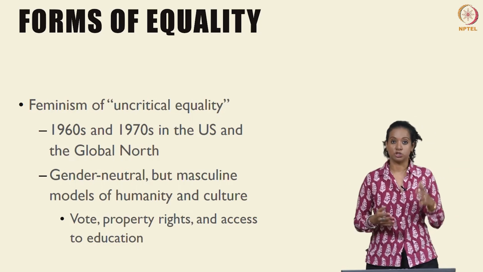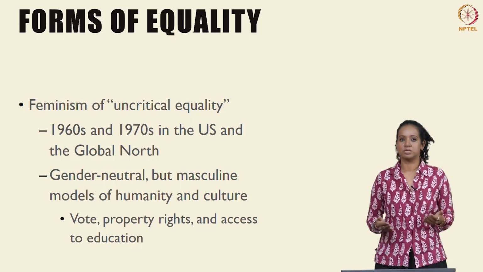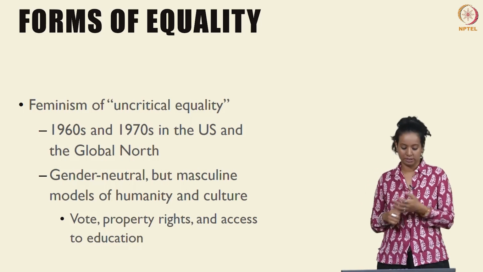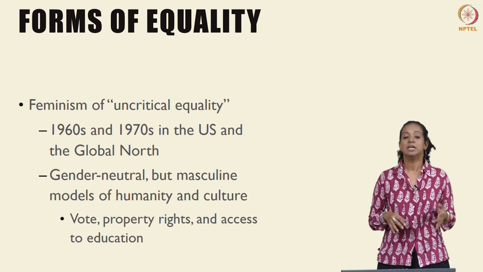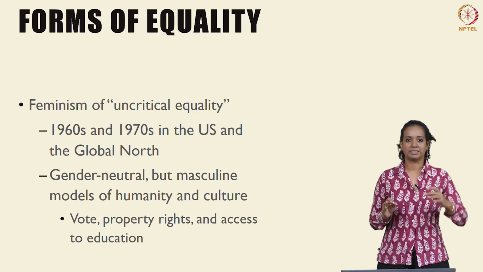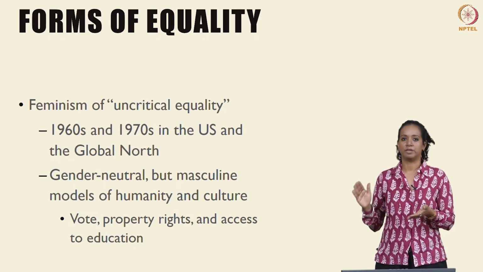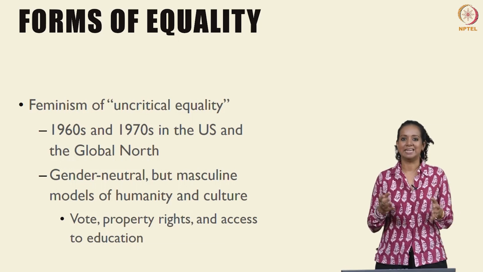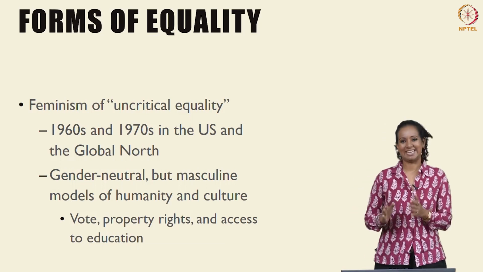So, it is considered gender neutral because you do not want to refuse such rights. Of course, it is important that women have the right to vote, that they have rights and access to education, that they can own property. So, these are very important rights, and there is nothing here to suggest that such a masculine model of equality is problematic in itself. But it does mean that it is not enough.